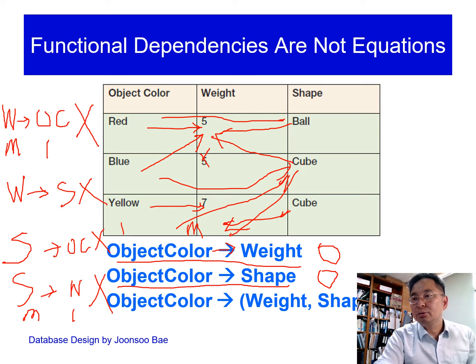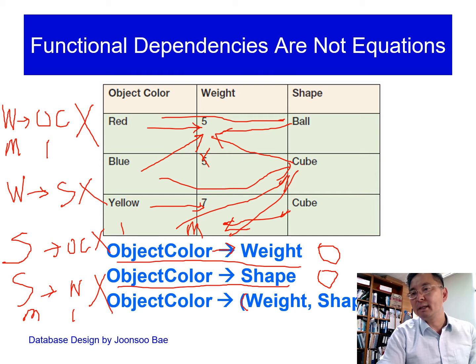Okay, these two functional dependencies can be represented shortly using this parenthesis. So this parenthesis means that object color will determine weight and object color will determine shape.